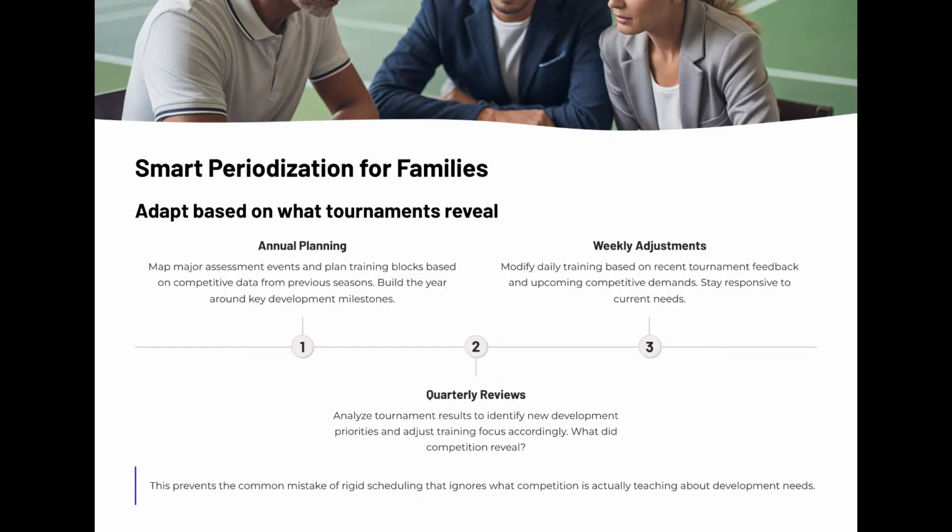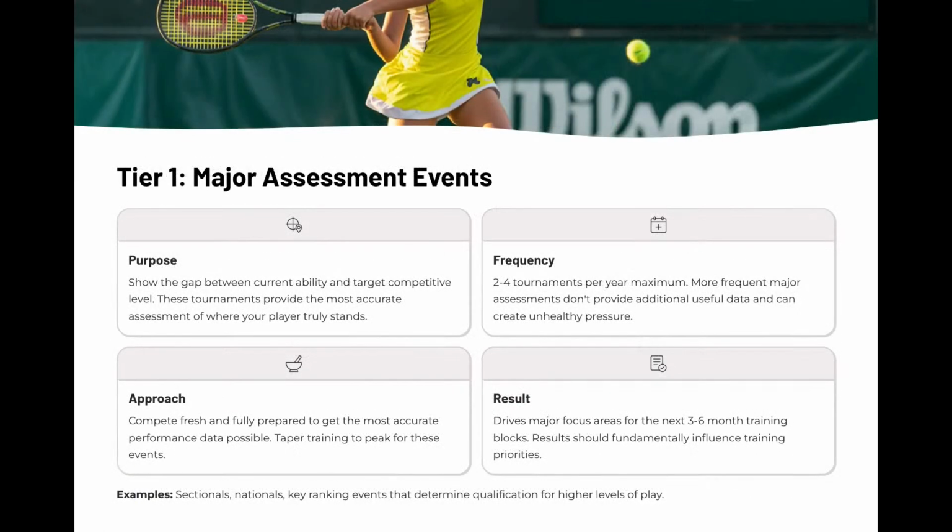If you're looking back to what we were talking about just a moment ago about tier ones. So you're playing 2 to 4 tier 1s per year maximum, right? So where did they fall?